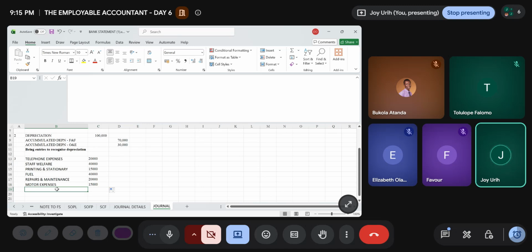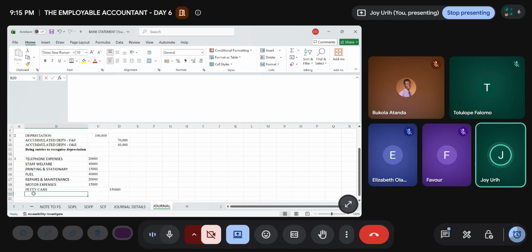Petty cash is also an expense account here. Since I'm going to reduce it, I'm going to be what? Crediting it. So I'm crediting it with the sum of everything here. With this, my total debit is equal to my total credit.